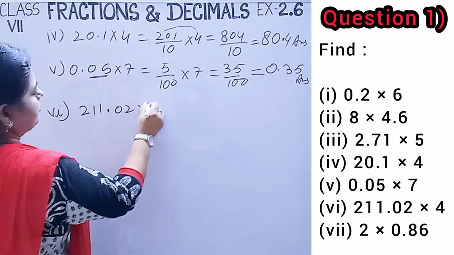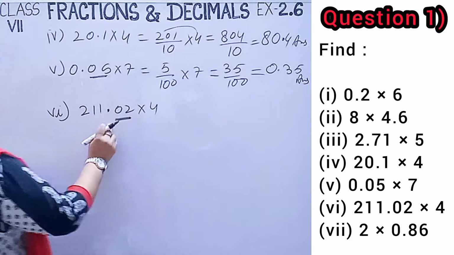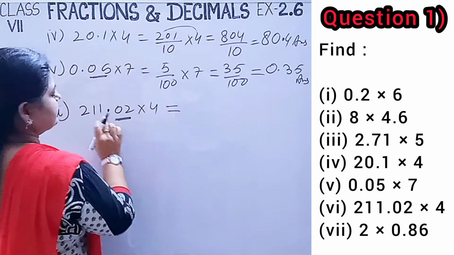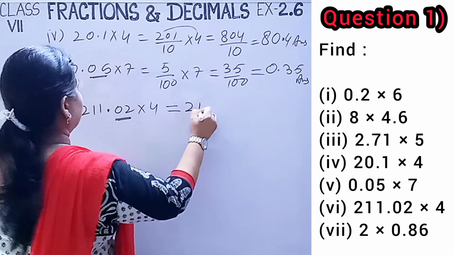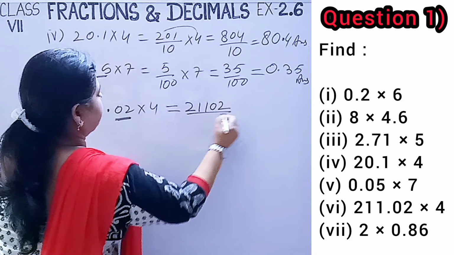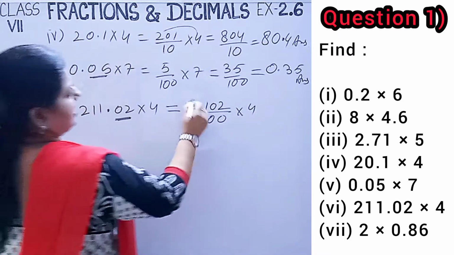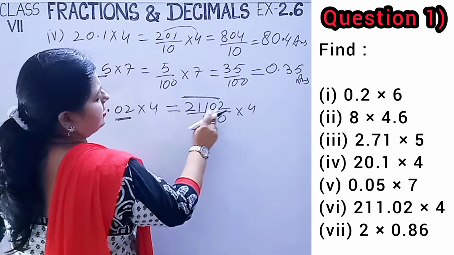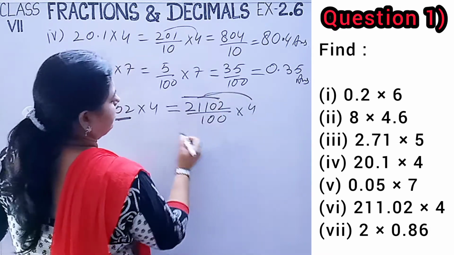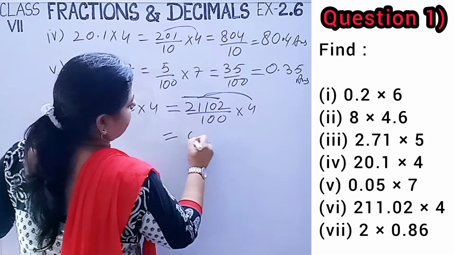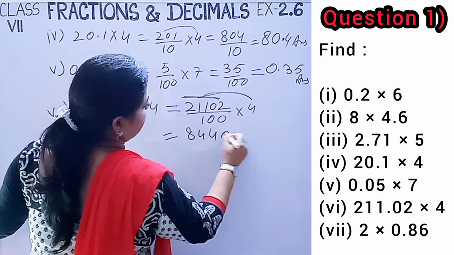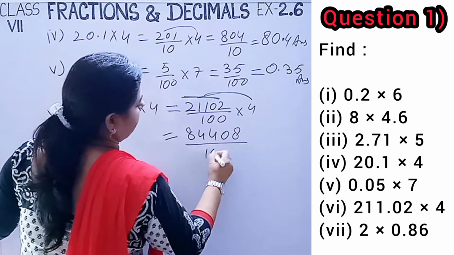Sixth part, 211.02 into 4. Now here 2 digits after this decimal, it means 21102 upon 100 into 4. Now we have to multiply 21102 with 4. So we get here 84408 upon 100.